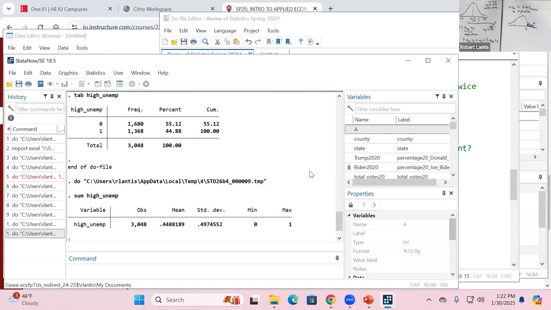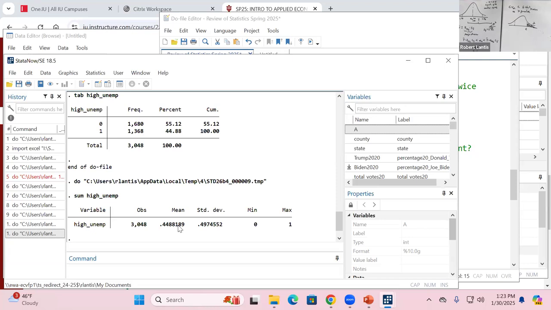I'd only be adding up counties that have 1s, so I'd only be adding up counties that have above mean unemployment. So if the numerator is the counties that have above mean unemployment, then what do I do to calculate the mean? I divide the sum of that by the number of observations. So the mean of a 1, 0 variable is essentially telling me the proportion of the observations that were equal to 1.